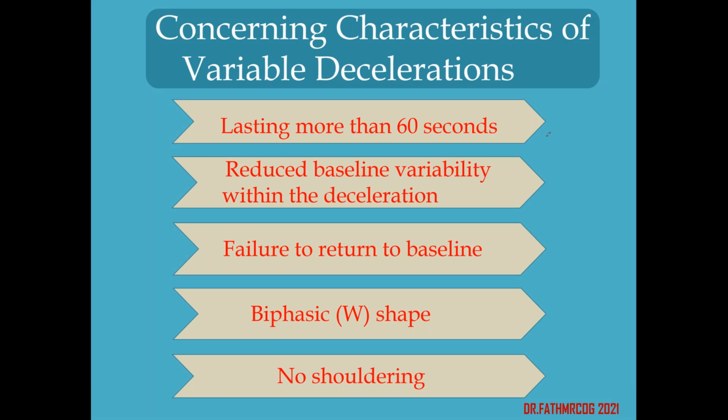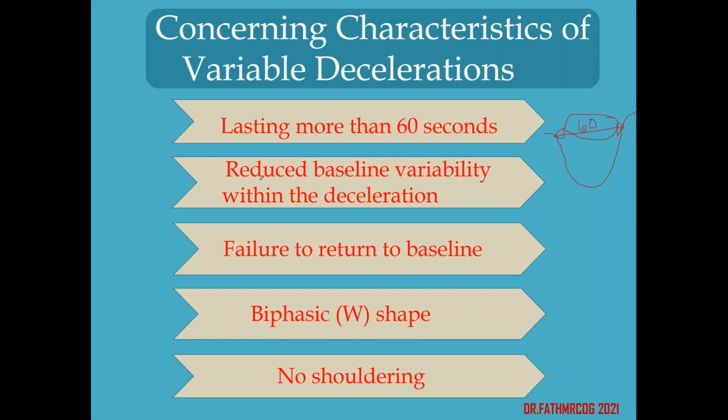As you know, the variable deceleration lasts more than 15 seconds, but the concerning feature here is a duration of more than 60 seconds. This is one of the concerning variable deceleration features.